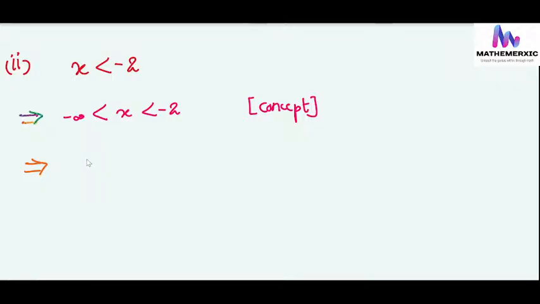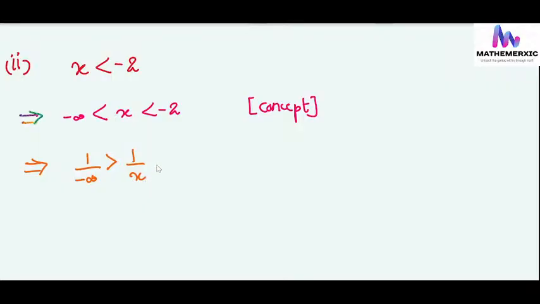That is why if I take the reciprocal, it is 1 by negative infinity. The sign will change here because the sign is the same on both sides. Both values of the inequality have the same sign, so while taking the reciprocal, the sign of the inequality alters.